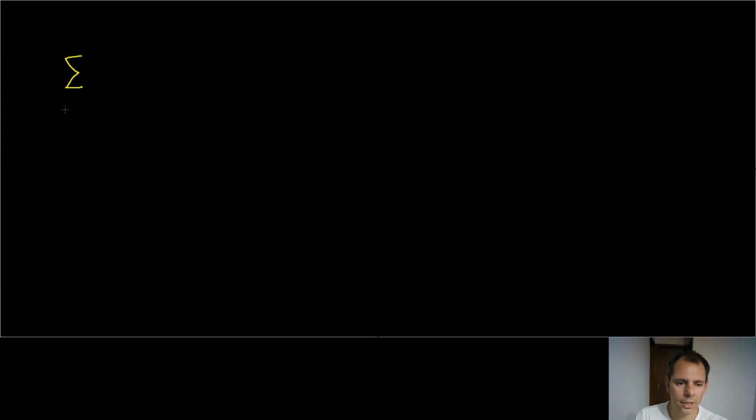an index in here, which can be i or n or whatever, but it's usually i. So you have i here that starts at something. It could be 0, could be 1, could be 2, could be minus 10, but let's just put 0, okay? And it goes all the way to a number here. The number can be infinity, it can be n, it can be 3, okay?